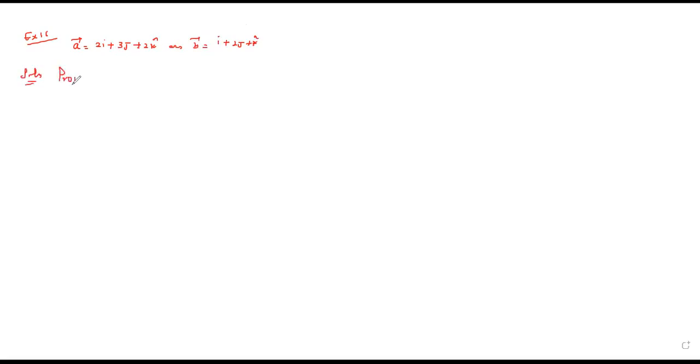So the projection of A on B is equal to A dot B upon magnitude of B. Yesterday I told you that the vector on which the projection is to be found comes in the denominator.